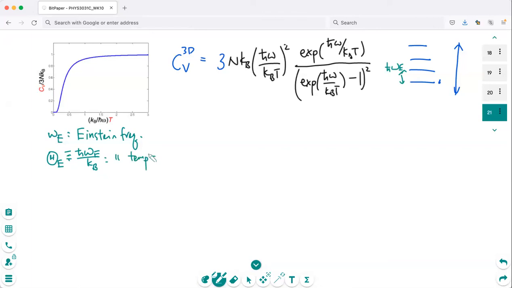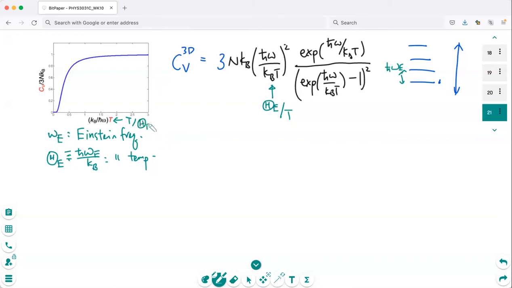Okay, and this gives you an Einstein temperature, and that is neat for us. Why? Because if you do it this way, this ratio here will just become theta E divided by T. And this ratio here will be the same, but the inverse. So if I do it this way, this is equivalent to T divided by theta E. Sorry, this handwriting is terrible.